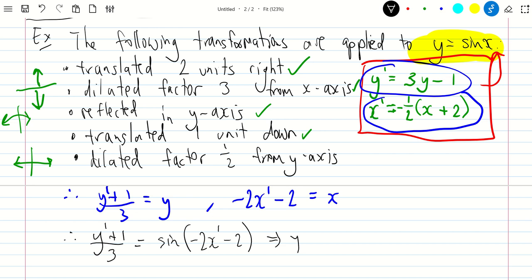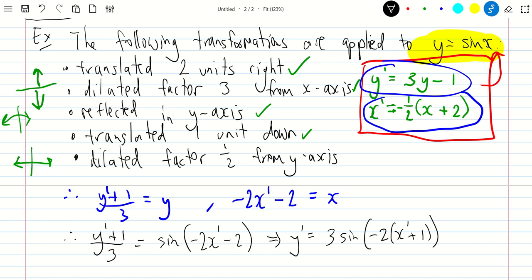And so what I've got is y prime is equal to, so multiply both sides by 3, so that'll be 3 sine, and again, I just like rewriting in the way that we used to see it written so that we can see everything. -2, and I'm just going to take x prime plus 1 out here. It's sort of much clearer.